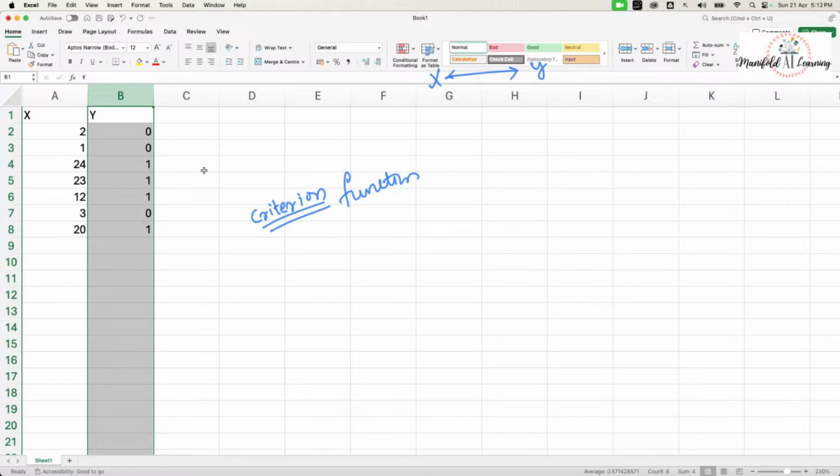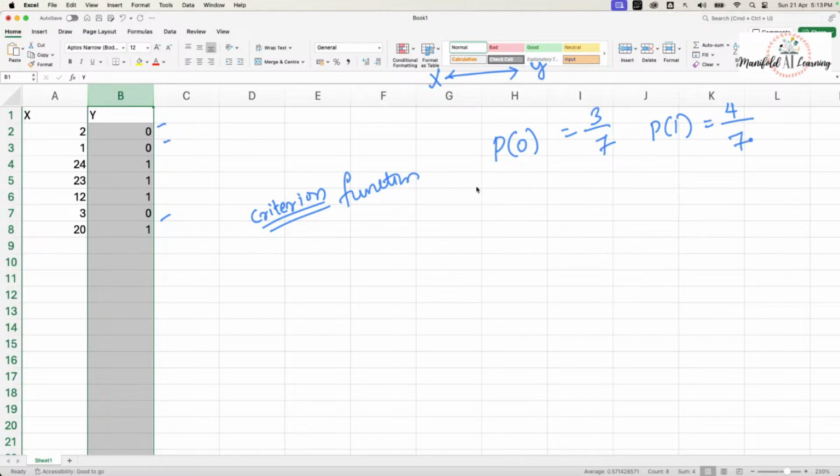The probability of finding 0, if I pick any random row from this given data set, is 3 by 7, because I have 3 rows which belong to class 0 and in total I have 7 rows. The probability of getting 1 is 4 by 7, because I have 4 rows which contain class 1, and the total number of rows is 7.